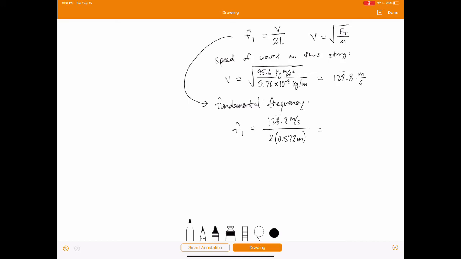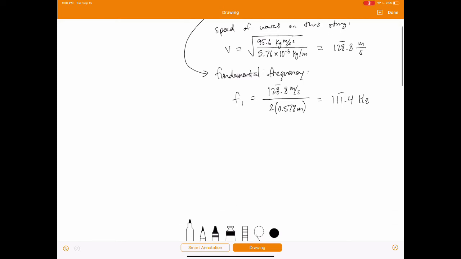If you work this out, you'll get 111.4 hertz, which will round to 111 hertz. About the units here, we're left with seconds inverse after canceling units of meters, and that's the same as hertz. So, okay, the fundamental frequency is 111 hertz.